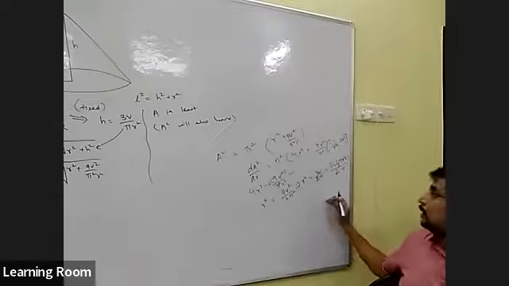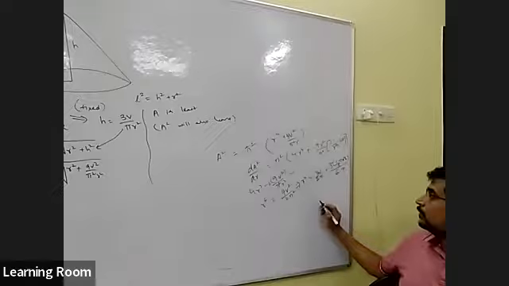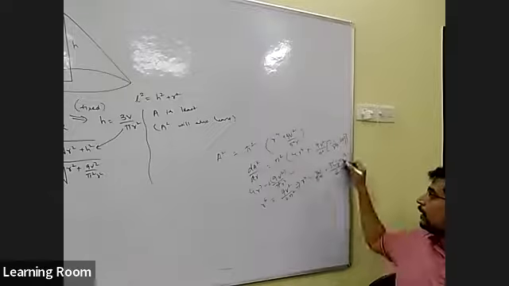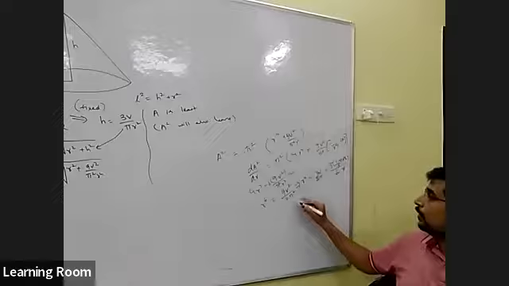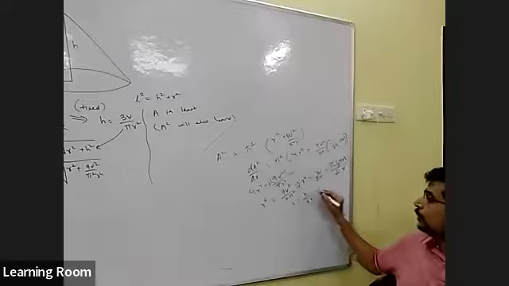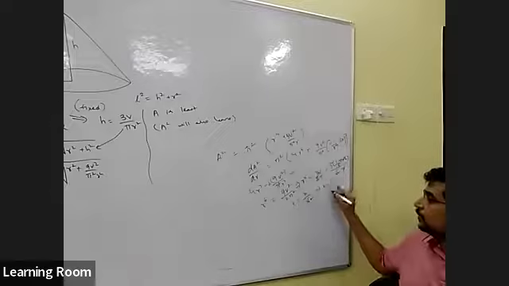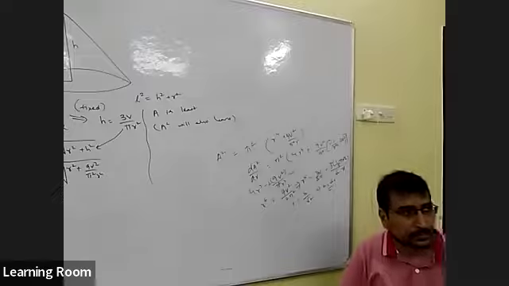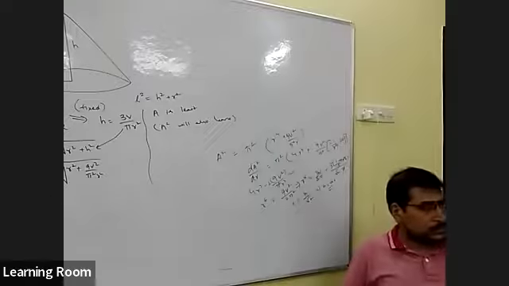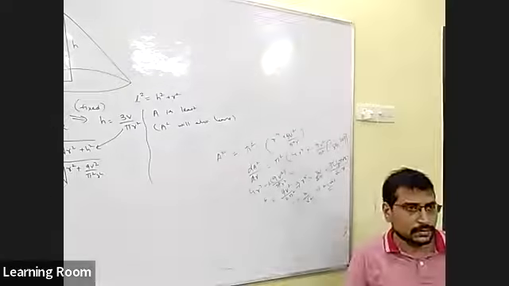Accepted. So this 3 and 3 are gone. Pi and pi are gone. 1 r is gone. So r will be equal to h divided by root 2, which implies h is equal to root 2 r. This is what they ask. Result.